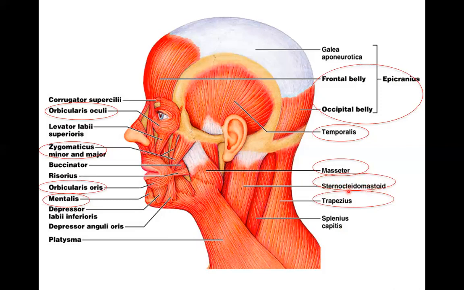Again, sternum, clavicle, and mastoid process. And you have a large muscle in the posterior aspect of the neck going down your back called the trapezius. Deep to the trapezius, you have a muscle called the splenius, and this is something you can also see on the next muscle model as well.